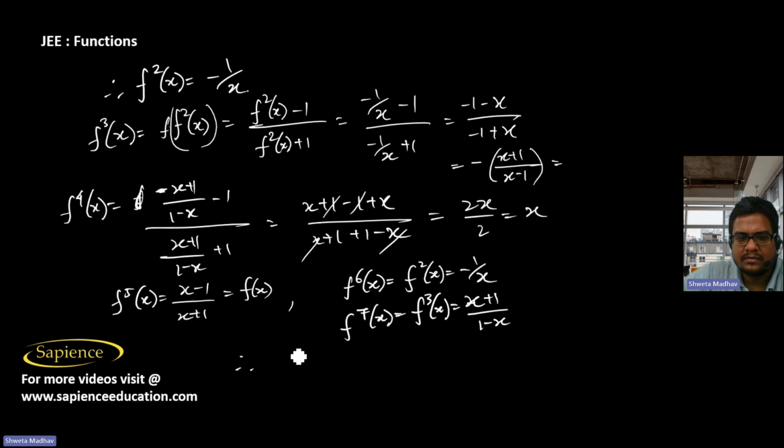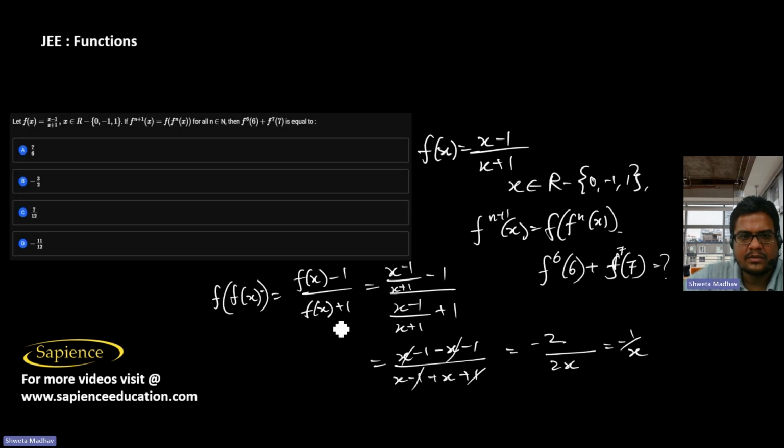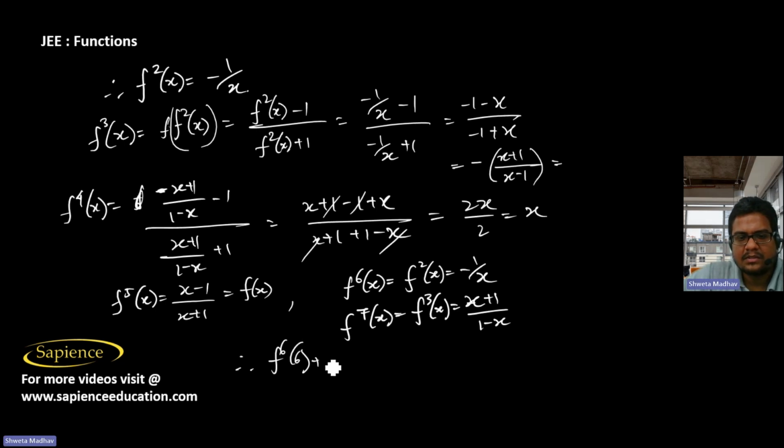So now we have to find f6 of 6 plus f7 of 7. f6 of 6 will be equal to minus 1 by 6, plus f7 of 7, that is 7 plus 1 by 1 minus 7.